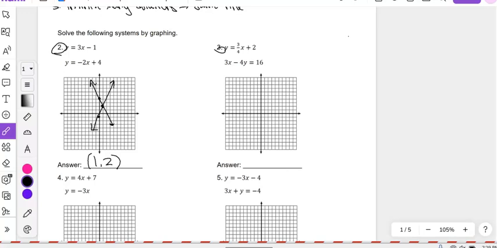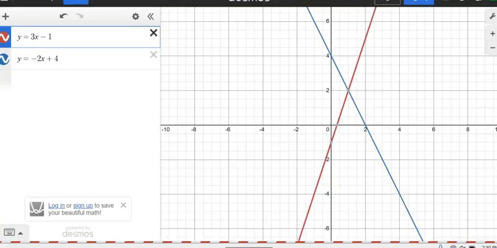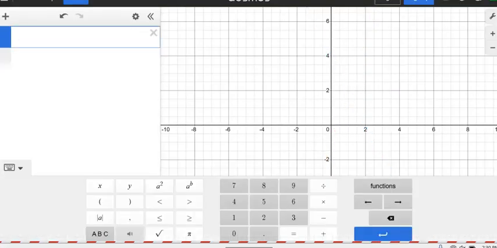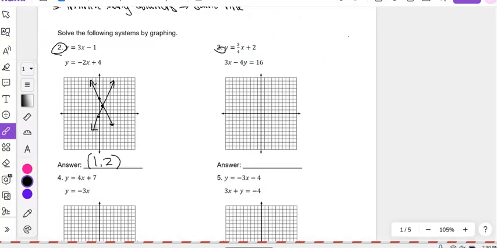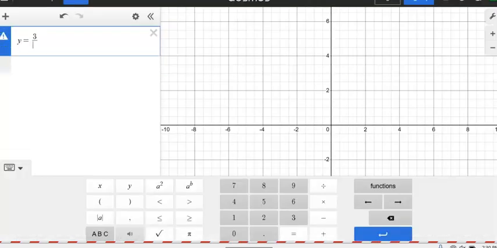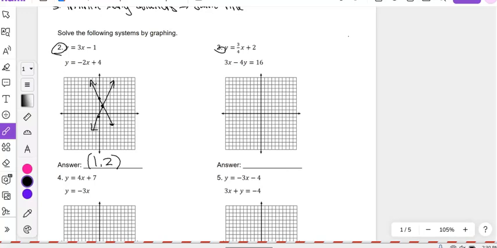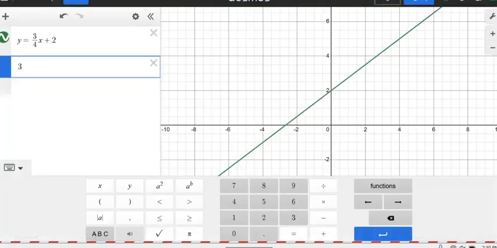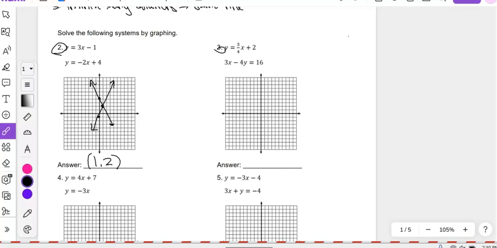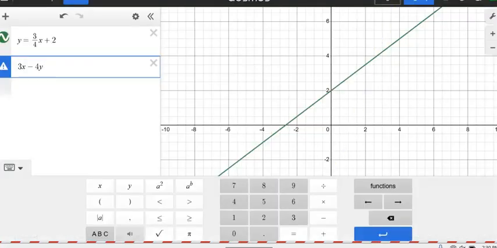For number 3, I'm going to do the exact same thing. I have y equals 3/4 x plus 2, and then I have 3x minus 4y equals 16. So here you can see they don't cross.